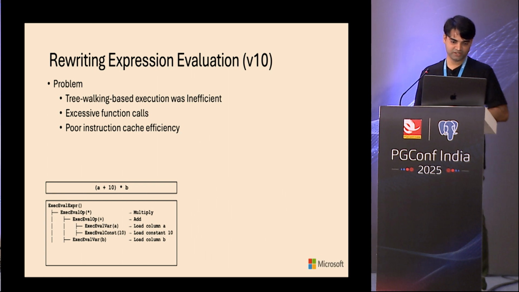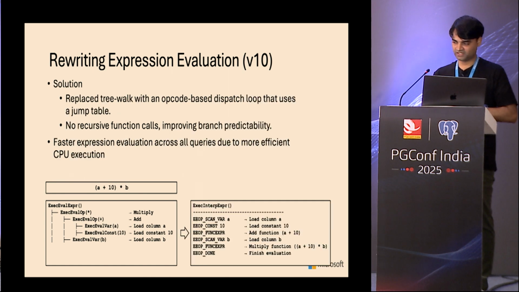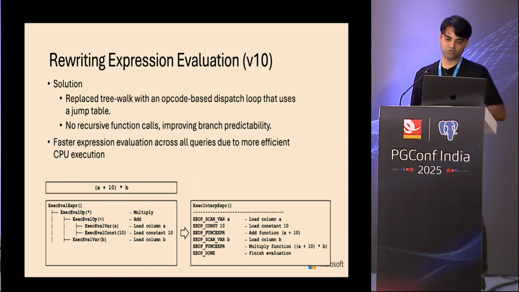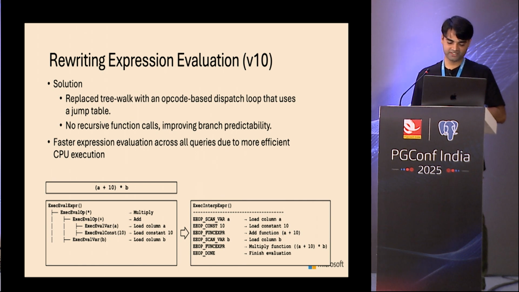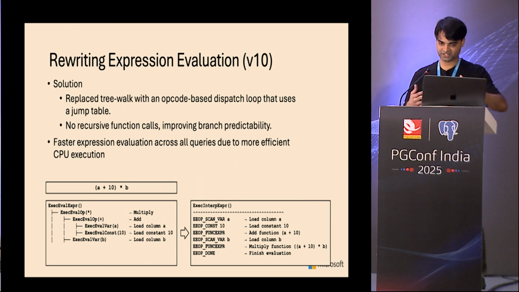poor cache efficiency. In version 10, this was all rewritten from scratch, and now what you have starting from version 10 is just one function which has the code for all the expression node types that you have. So instead of a tree walk, now you just jump within the same function from the code for one expression node type to the other.